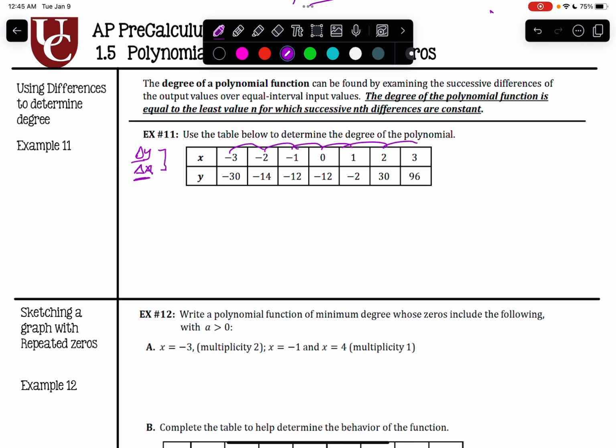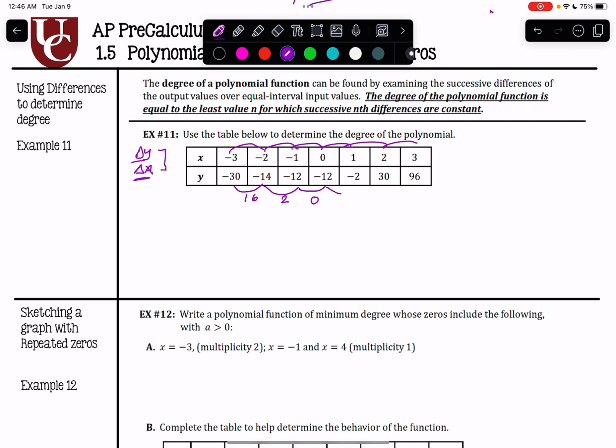All right, so let's first look at the first differences. From negative 30 to negative 14, we have a positive 16. And then from negative 14 to negative 12, we have a positive 2. Now, I already know it's not linear because for linear, those would have to be the same. From negative 12 to 12, I have 0.